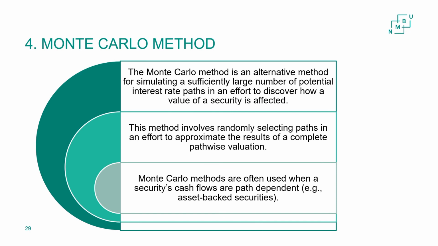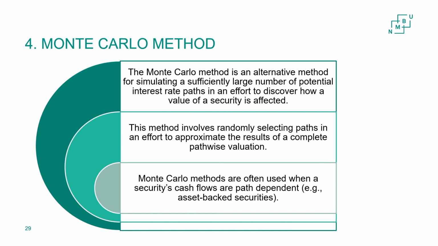What do you do if your asset is path dependent, but the number of paths are not countable? You remember that in our interest rate tree, you only have an up move or a down move, so it's binary. This means that it's quite easy to find the combinations of up moves and down moves, and find all the paths.